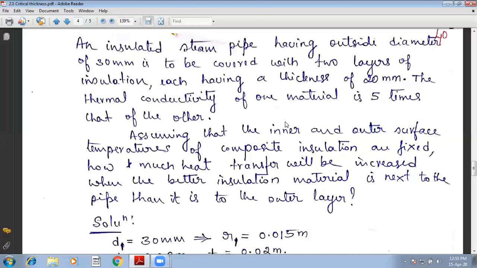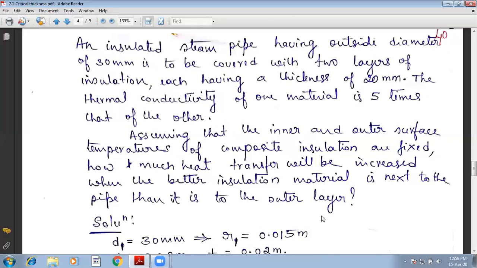Now he has given the inner and outer surface temperatures are fixed. Means same is the temperature drop in both the cases. The question is how much heat transfer will be increased when the better insulation material is next to the pipe than it is to the outer layer.